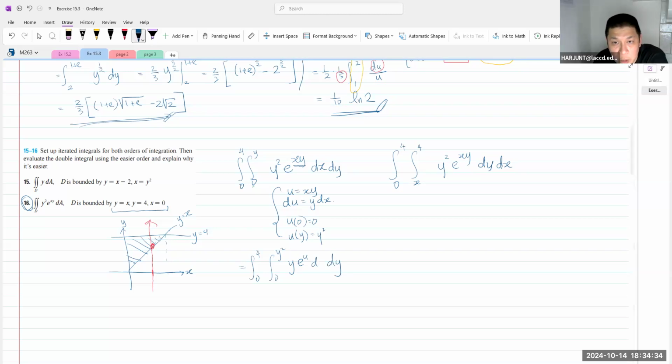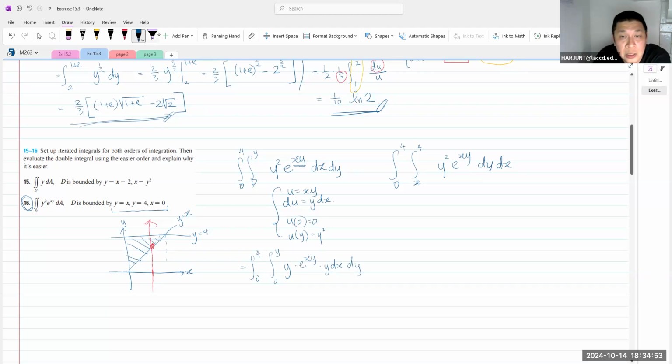Let me rewrite it first. I rewrite this as the integral from 0 to y of e to the xy times y dx dy.